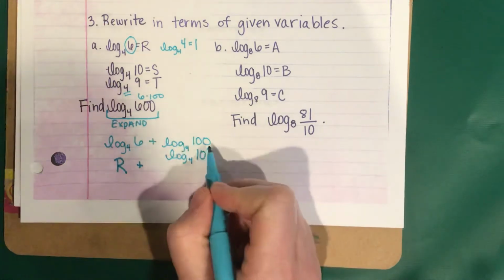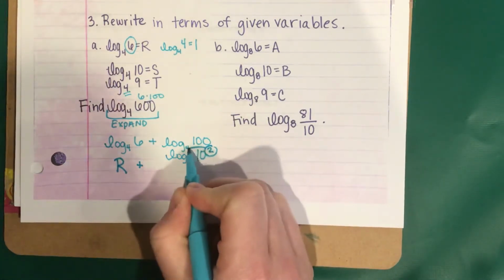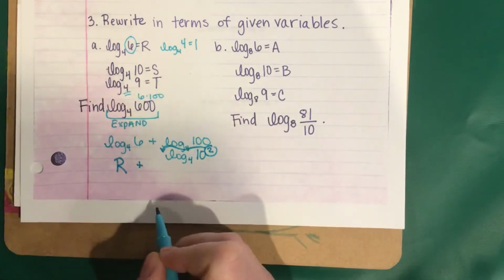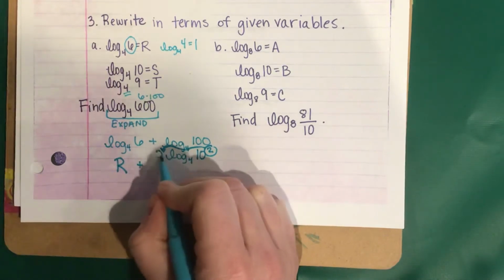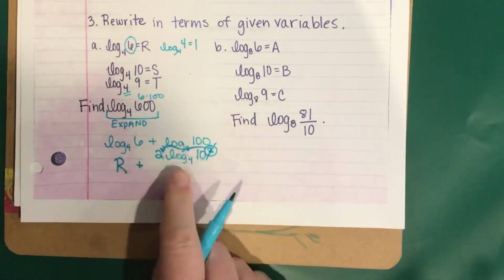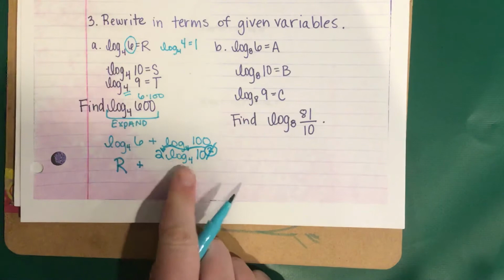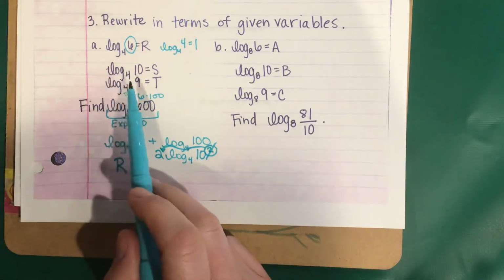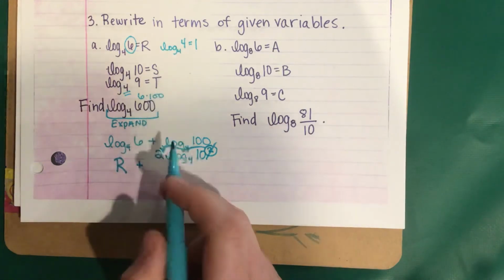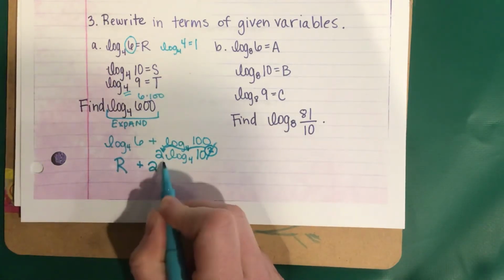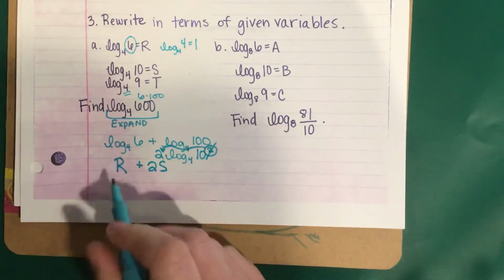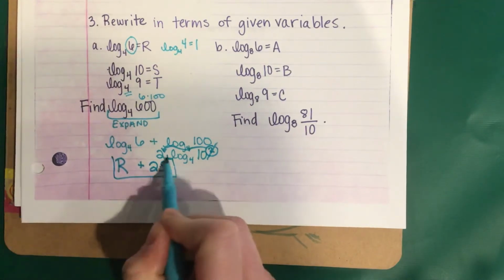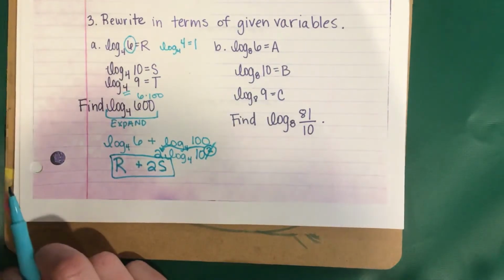And then by our properties of logs, or our laws of logs actually, we can move that 2 to the front as a coefficient. So now I have 2 log base 4 of 10. Well, I know log base 4 of 10 is s. So this becomes plus 2s. And so this is my final answer.